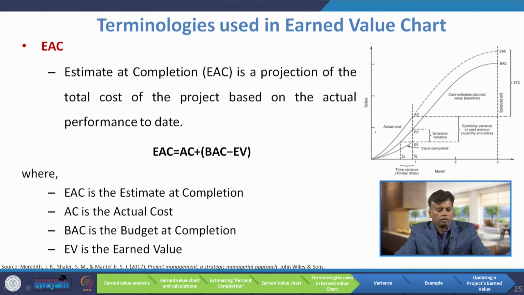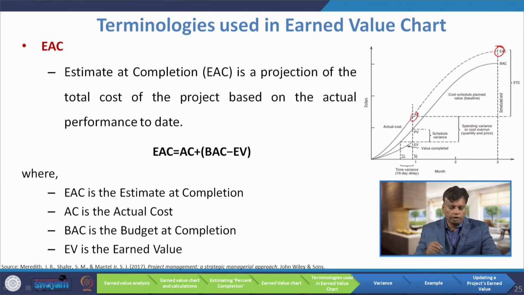Next, we will talk about estimate at completion, EAC. Estimate at completion is a projection of the total cost of the project based on the actual performance to date. So, for the 10th day the actual cost is this much. When you complete the project, what will be the actual cost? That is called estimate at completion. So, we are projecting: 10th day actual cost incurred is this much, so at the time of completing this project, what will be the actual cost?